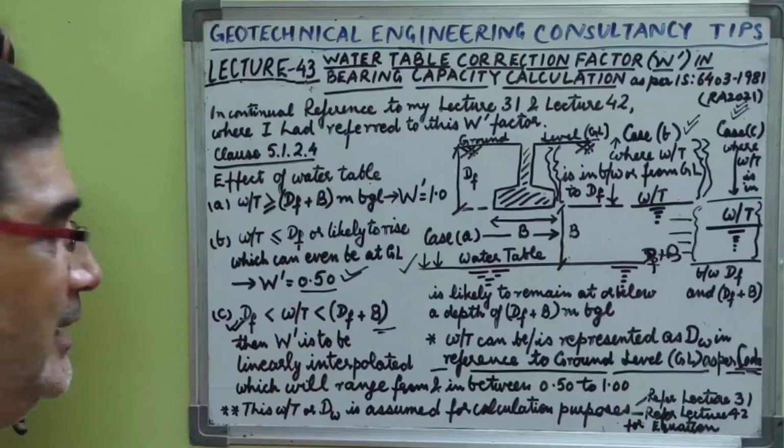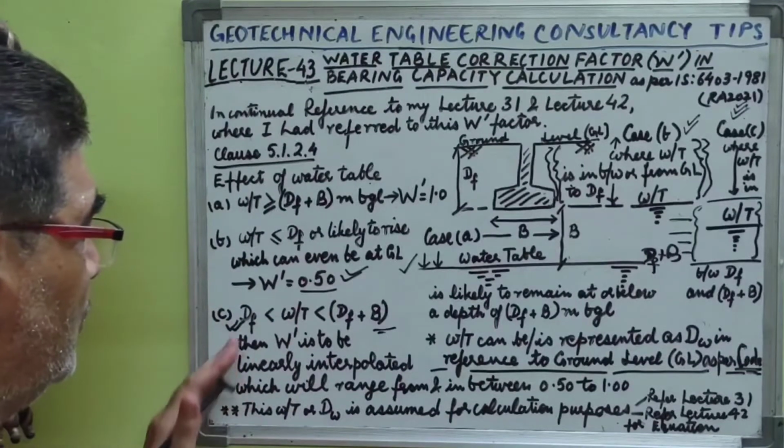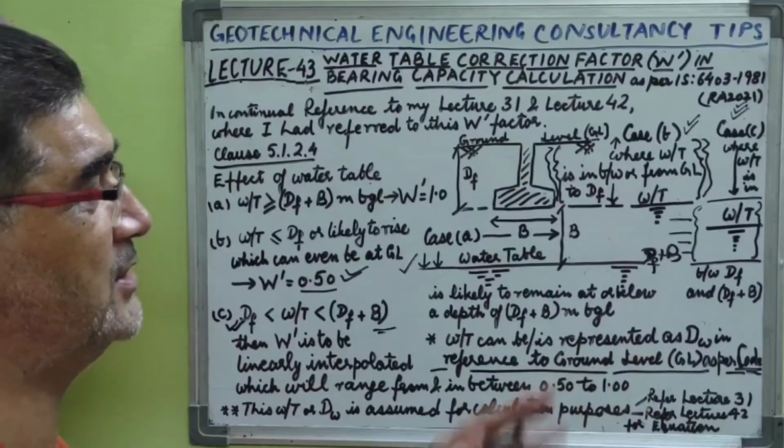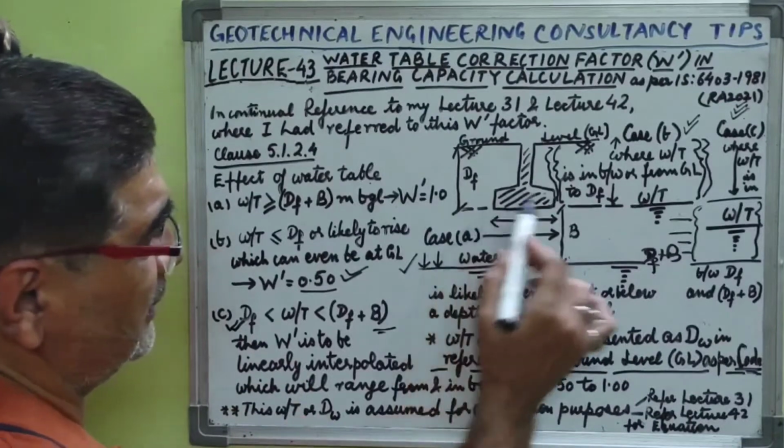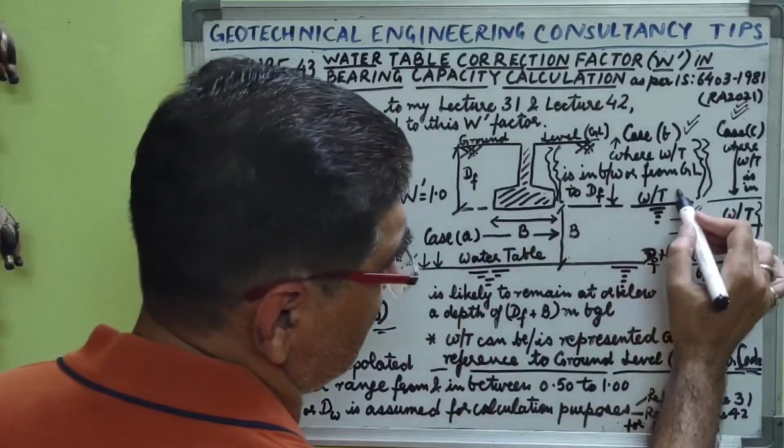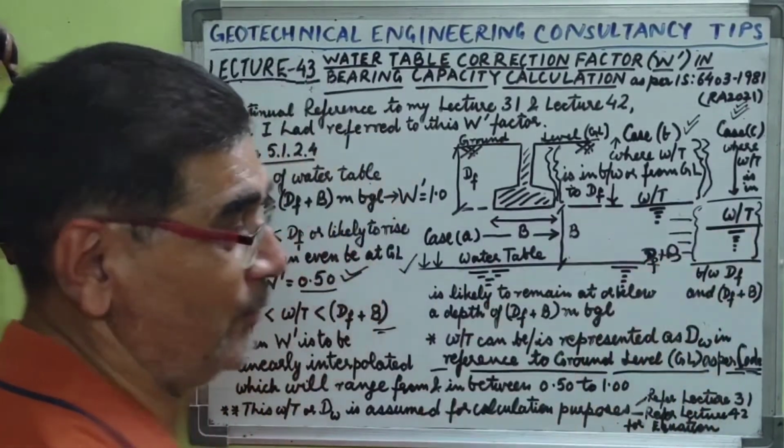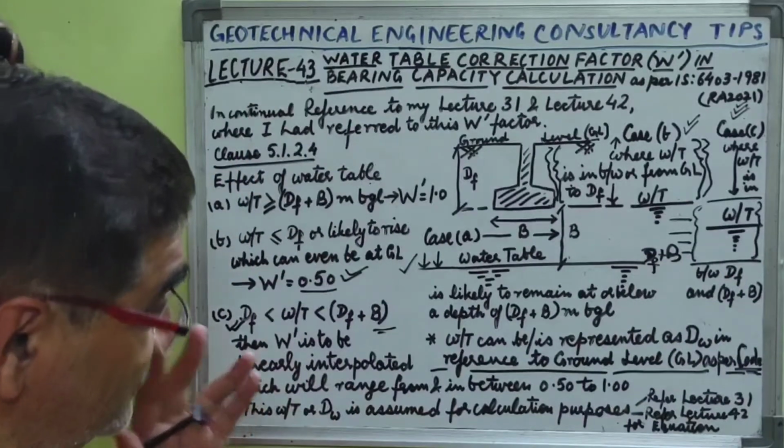In that case, we will have to linearly interpolate W dash, where here the value is 0.50 and here the value is 1.00.